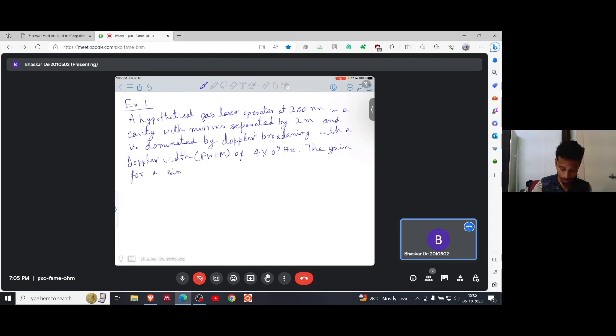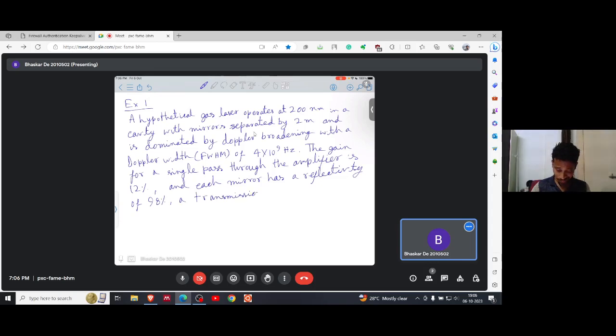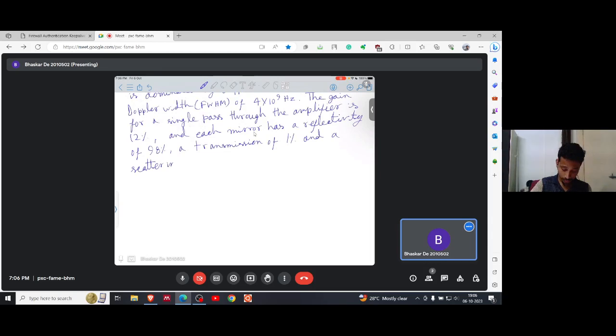The gain for a single pass through the amplifier is 12%, and each mirror has a reflectivity of 98% and a transmission of 1%, and a scattering loss of 1%.